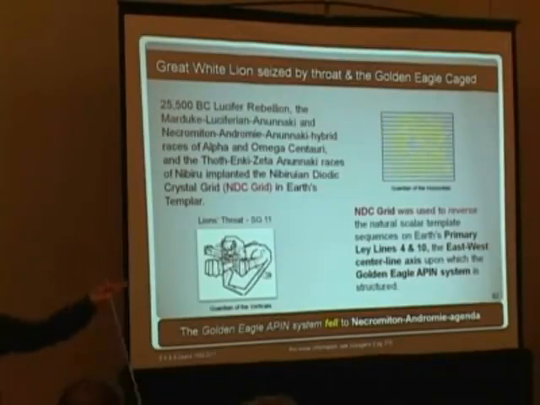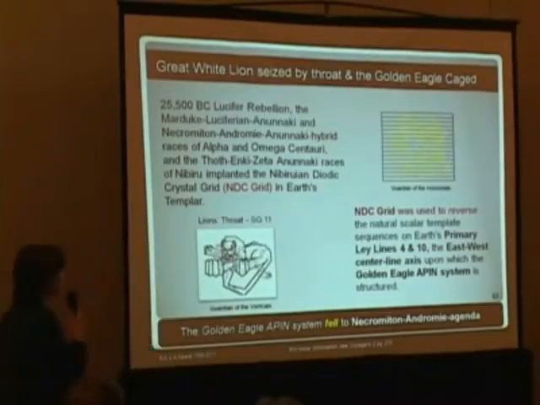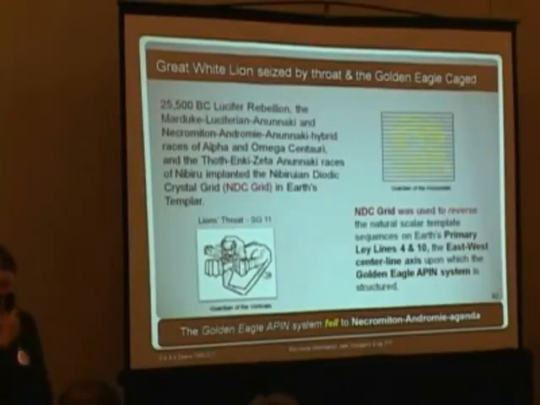That's what we went over earlier this morning. The Nibirian dotted crystal grid was used to reverse the natural scalar template sequences on Earth's primary ley lines 4 and 10, the east-west centerline axis upon which the golden Apin system was structured.